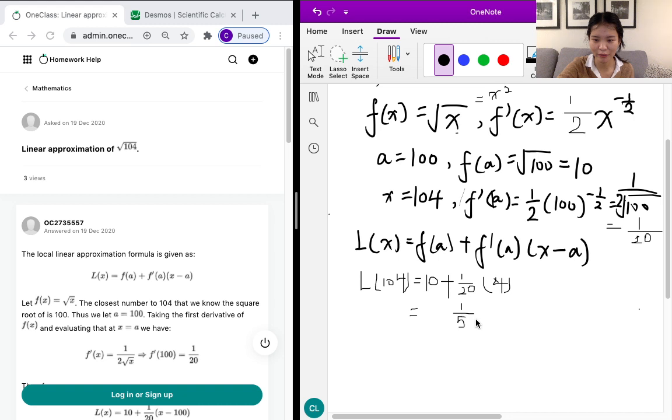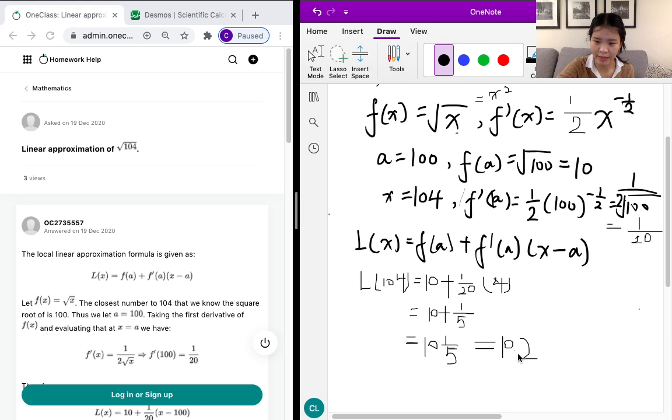So our resulting linear approximation is 10 plus 1/5, which is 10 and 1/5. In decimal form, this equals 10.2. So if you are more comfortable with fractions, you know that our linear approximation of the square root of 1/4 is just 10.2. Right over here, 10.2.